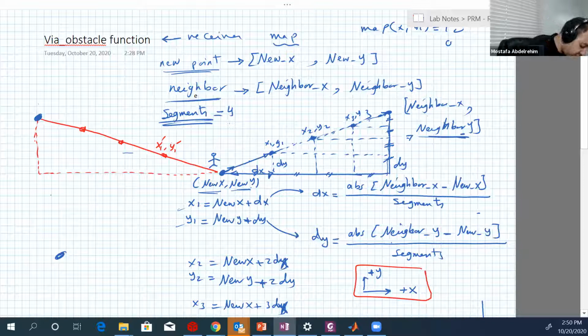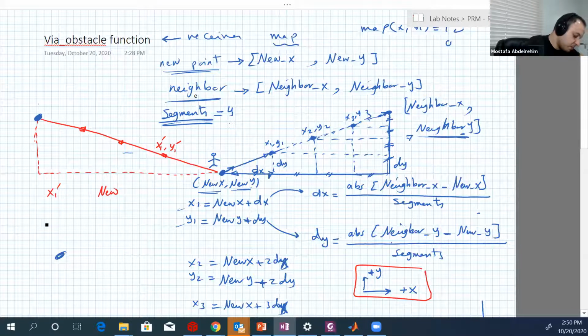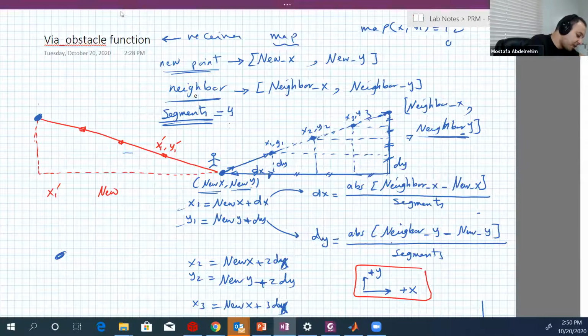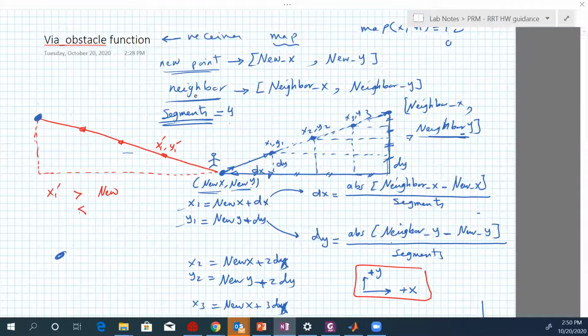So what is the relation between x1 dash and new x? Is it higher or lower? Should I put here larger or smaller? In that case, isn't it smaller?